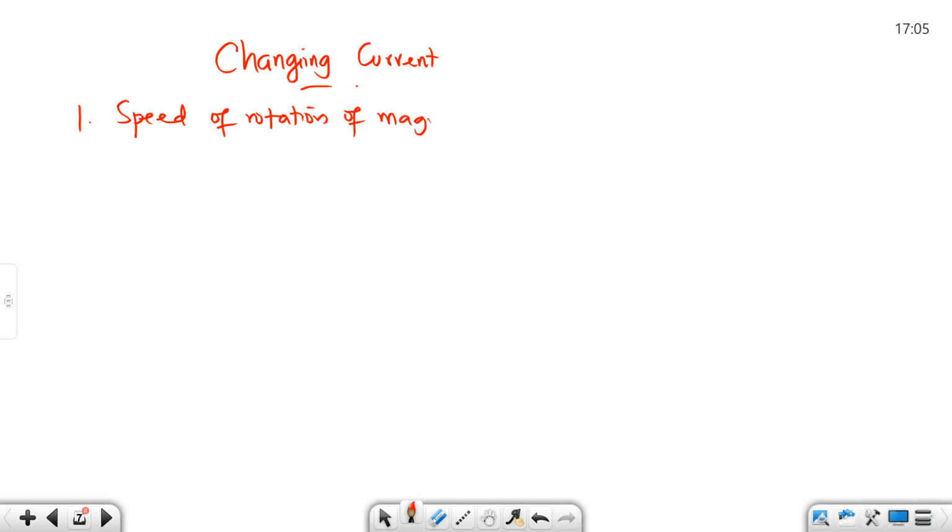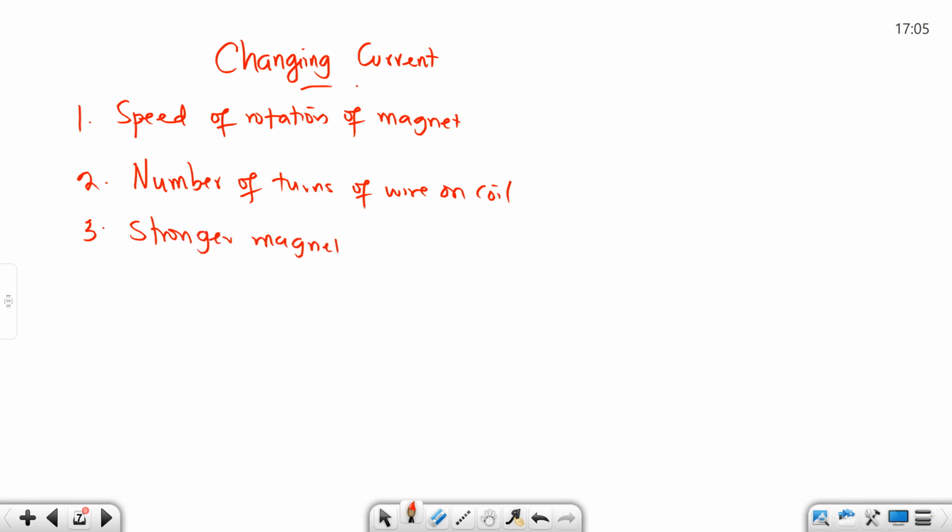Now, I'm going to do something here that may confuse you if you are not focused. Number two: the number of turns of wire on the coil. Let's be specific. And number three, what? Using a stronger magnet. Please look at this. I want to do this in a graph.